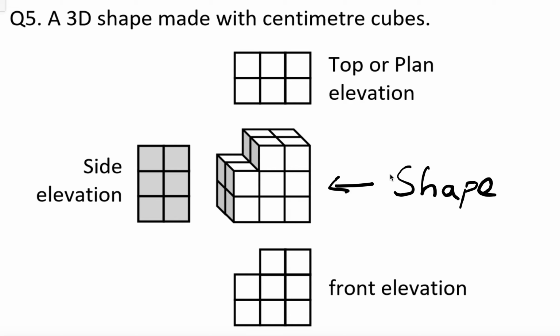So the shape in the middle, as you can see, looks a bit like a Rubik's cube with a few cubes missing. And that's a 3D shape. And basically, if you looked at it from above, it would look like the top one here, top or plan elevation, and that would be like six cubes visible.